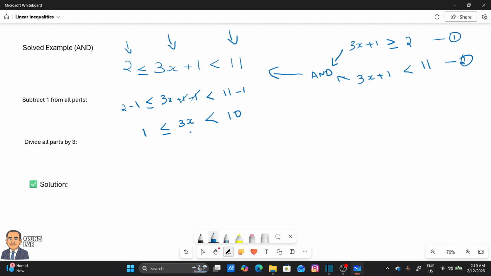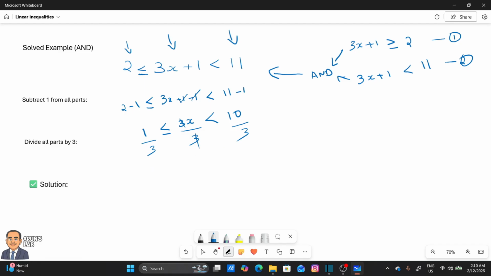In this stage, see, 3 is also left here, so I need to remove the 3 also. To remove the 3 and make only x remain here, divide by 3. Also do it on both sides, divide by 3. Okay, so this 3 and 3 cancel.